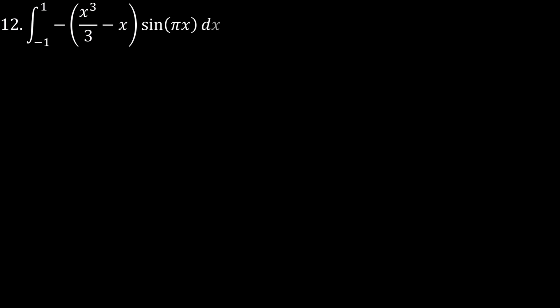Problem number 12 happens to be the definite integral from x equals negative 1 to x equals positive 1 of negative open bracket x cubed over 3 minus x close bracket times sine of pi x. So how do we do this? I would begin by just splitting this into two separate integrals.